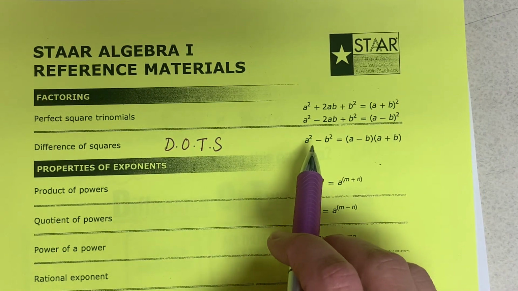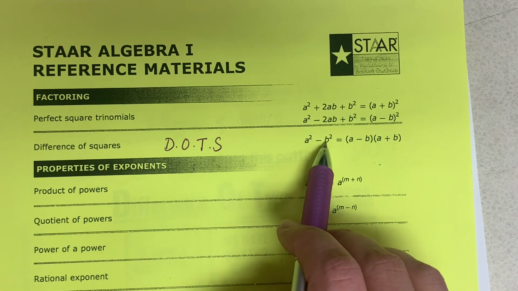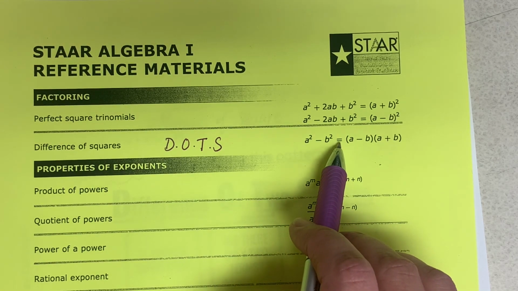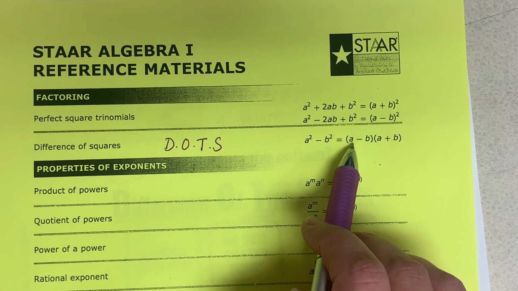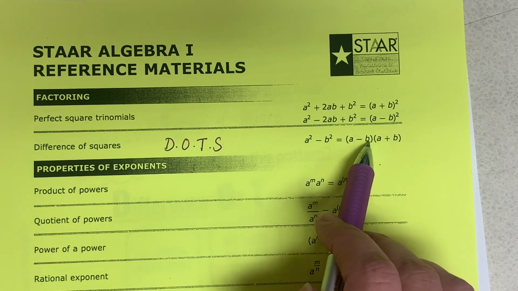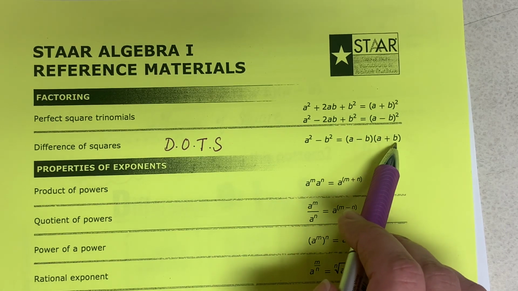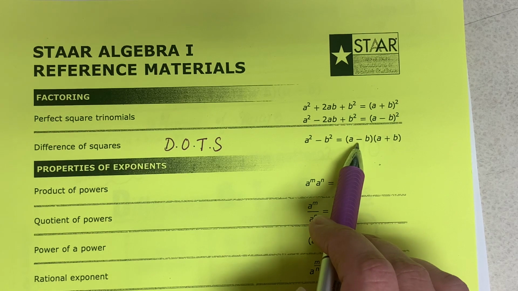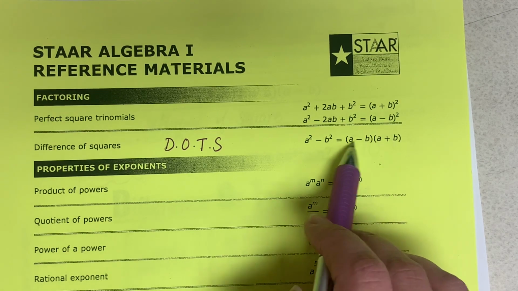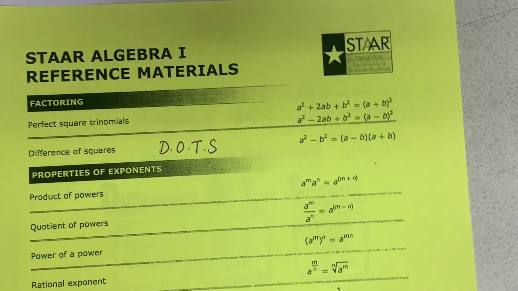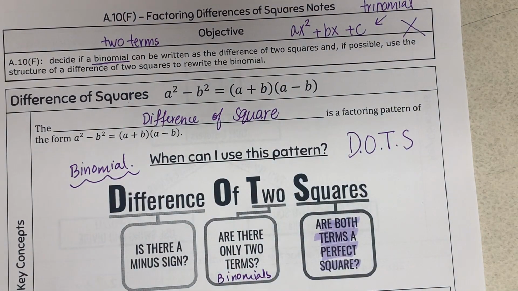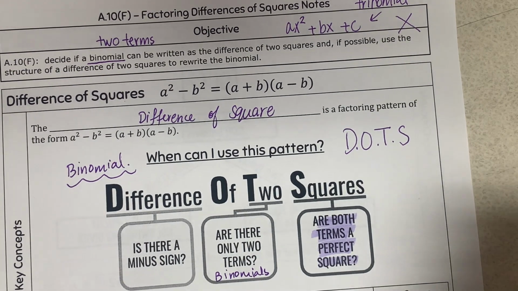Once you have a difference of two perfect squares, a squared minus b squared, all you have to do is write both factors as a minus b and a plus b. So one time with the minus, one time with the plus sign. That's all. So your goal is to identify whether you have a binomial and whether you can use the DOTS method. Let's talk about perfect squares for a minute.